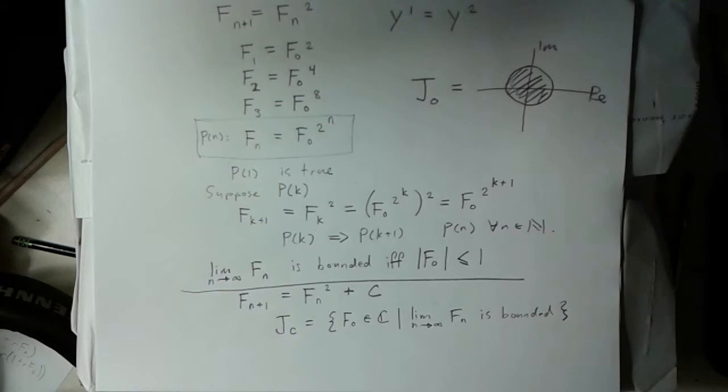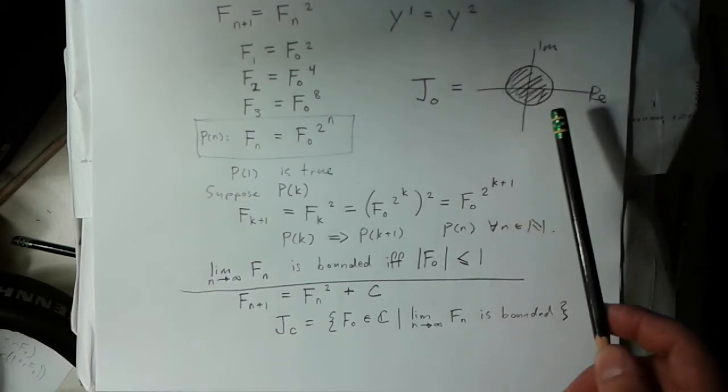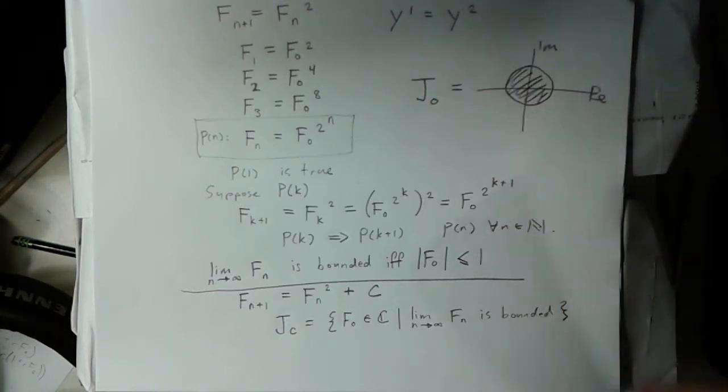But interestingly, if you look up Julia sets, like on Wikipedia or Google Images, you'll see that for different values of C besides 0, they're really unpredictable, and they have fractal-like edges and stuff.